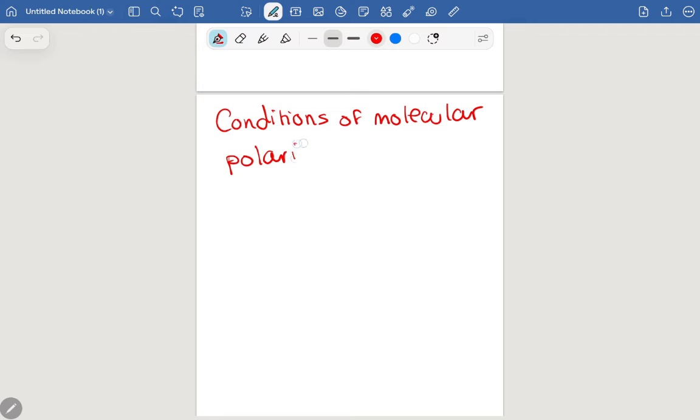So the very first thing you're going to check is the shape or structure of the molecule, and you need to check if it's symmetrical or not. I'm going to write down all of the shapes that are symmetrical.